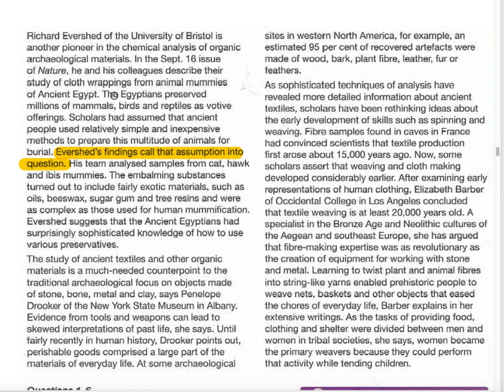So it says people believe the Egyptians preserved millions of mammals, birds, and reptiles as votive offerings. Okay? But it says Evershed findings call that assumption into question, or say that is questionable. Means they don't support that idea.